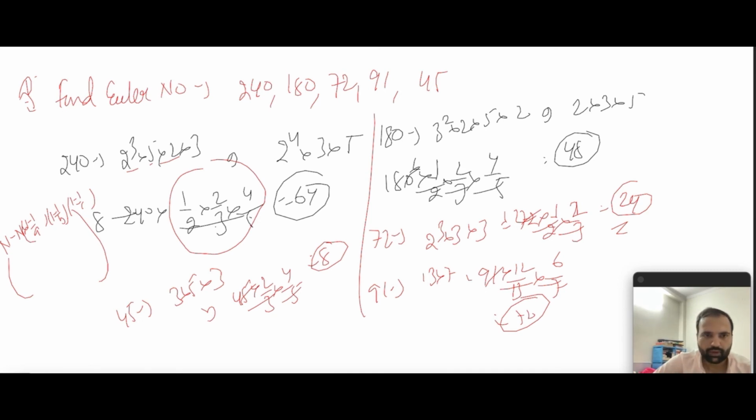Now what we have learned, we are going to apply it to remainders, to see how we can check remainders using these. Okay, so let's take a question: find the remainder of 22 to the power 92 divided by 19. So how to go about this?